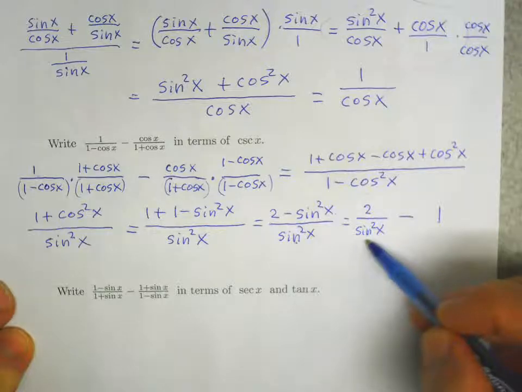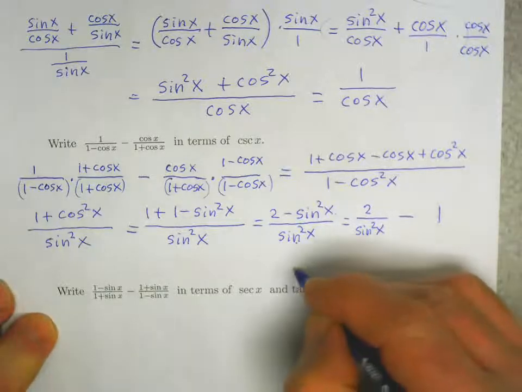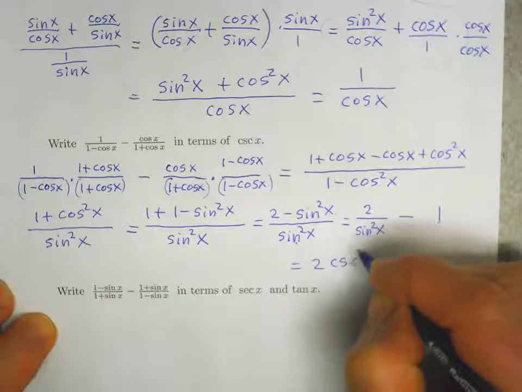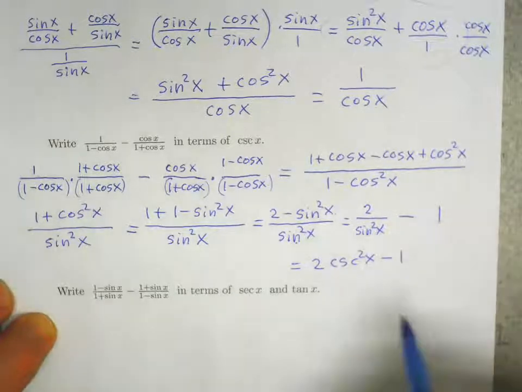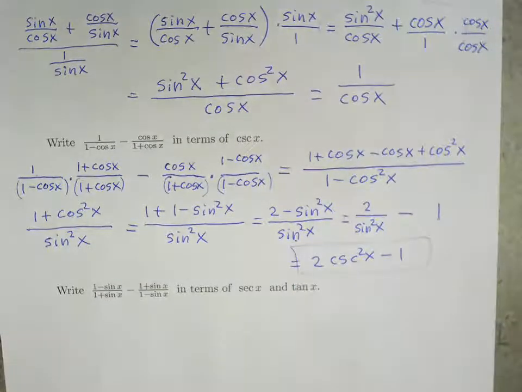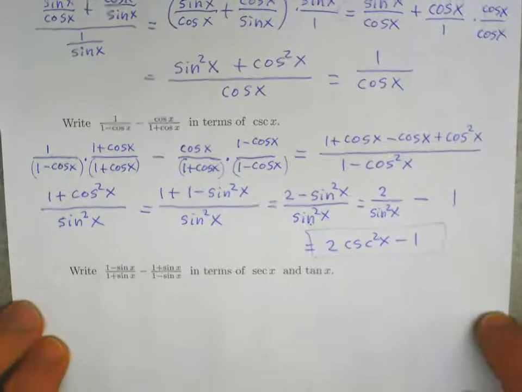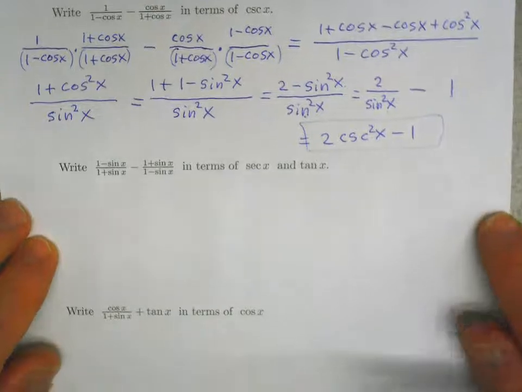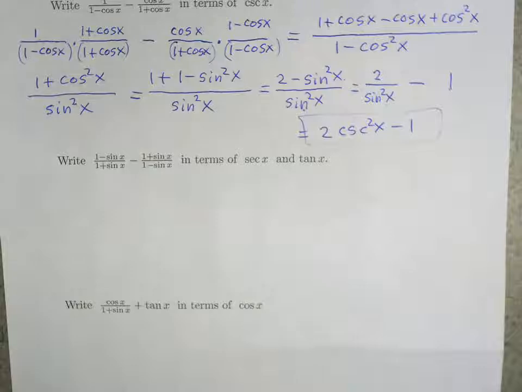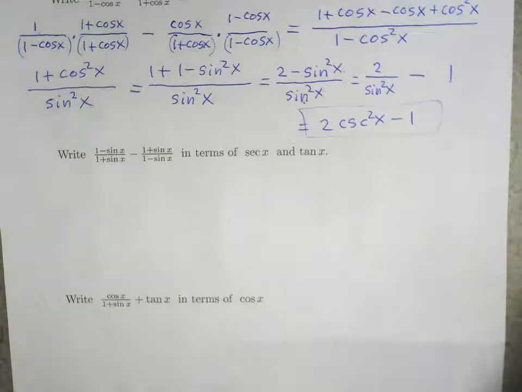If I have sine of x squared in the denominator, that's equivalent to having cosecant of x squared in the numerator. So it simplifies to that. Yes, these identities might take some getting used to, so make sure that you practice a lot.